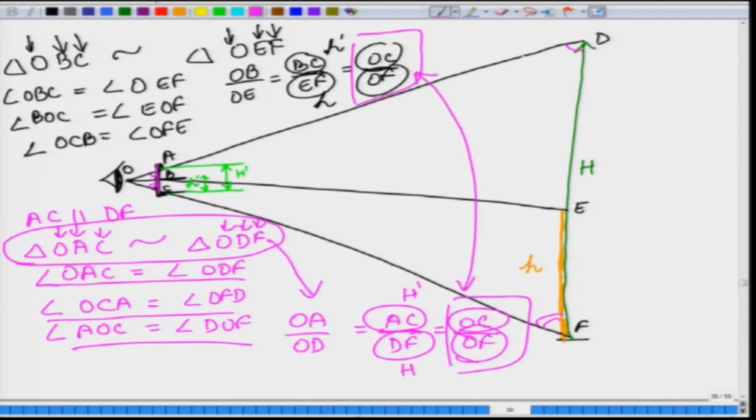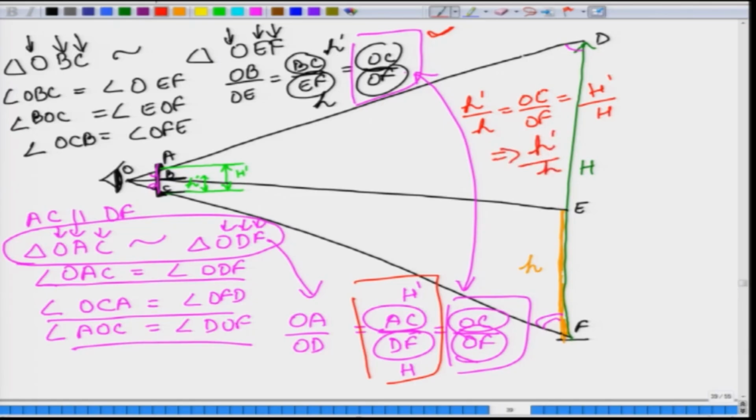So, from this equation you get that H prime by H is equal to OC by OF, and this OC by OF is also equal to capital H prime by capital H, which would give you the relation that H prime by H is equal to capital H prime by capital H.